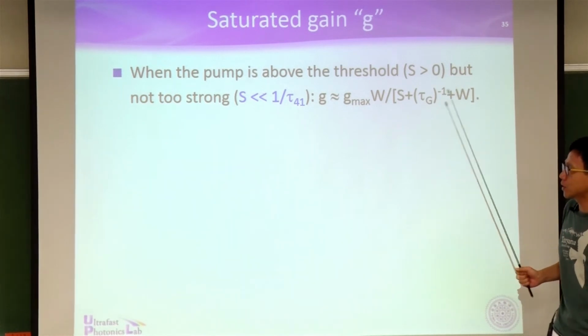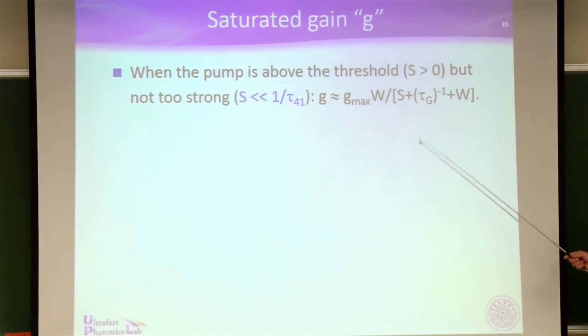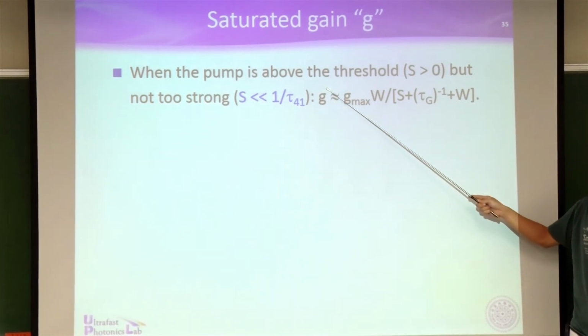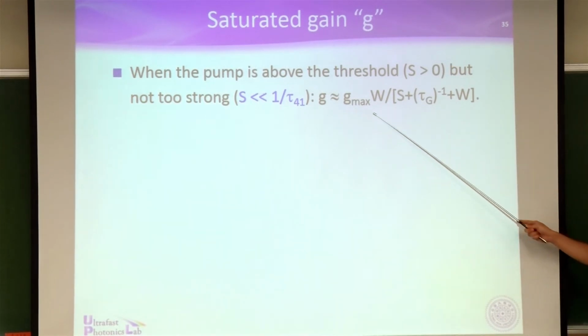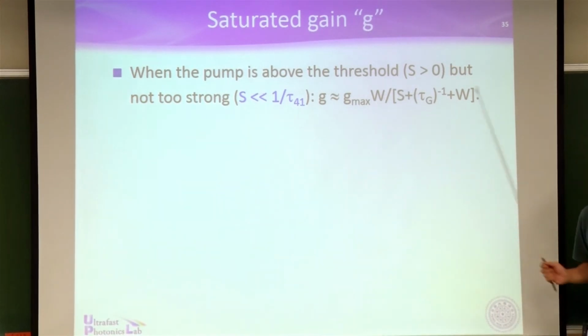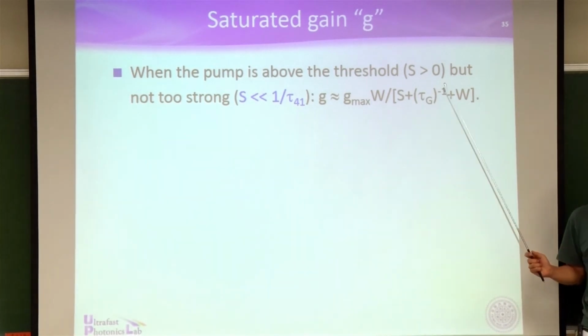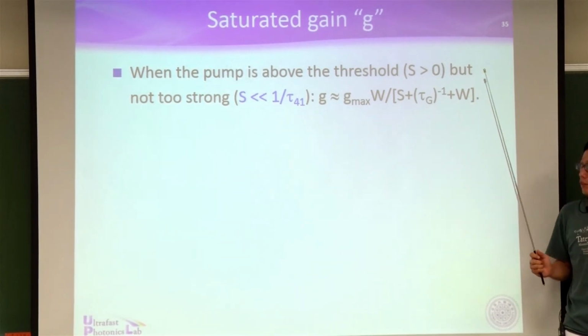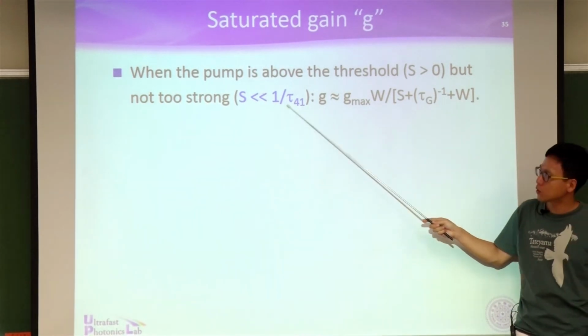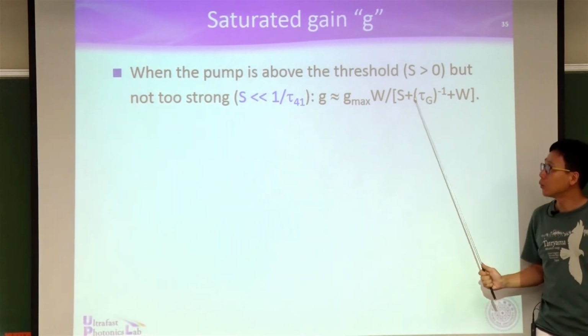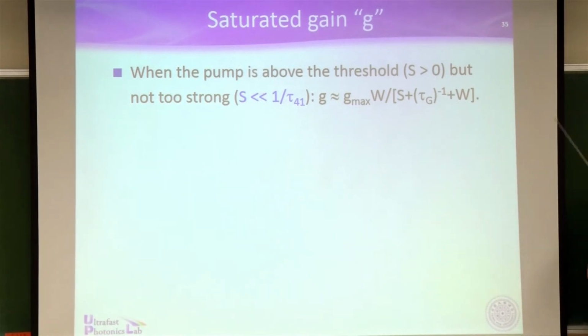This is an extra condition we have to meet. Then the saturated gain coefficient formula can be simplified to this one. Without this condition, the formula is even more complicated. So we restrict ourselves to this case. We got an easier formula.